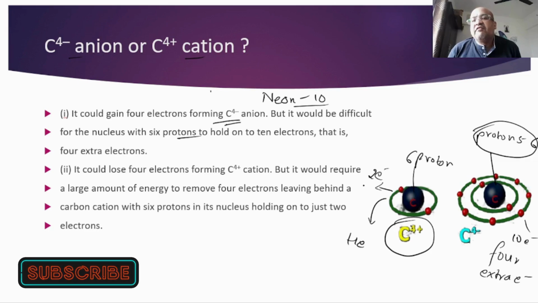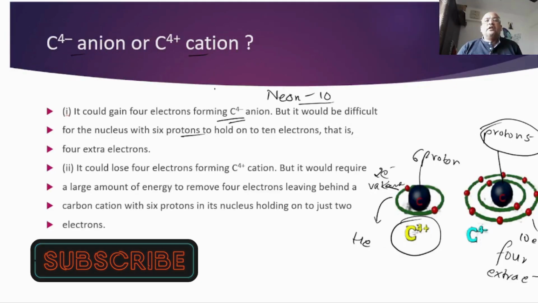So a tremendous amount of energy is required in this case to remove these four electrons and become like helium. So in both cases, this is not possible. In the coming episodes, we'll see how carbon solves this problem to attain a noble gas configuration.